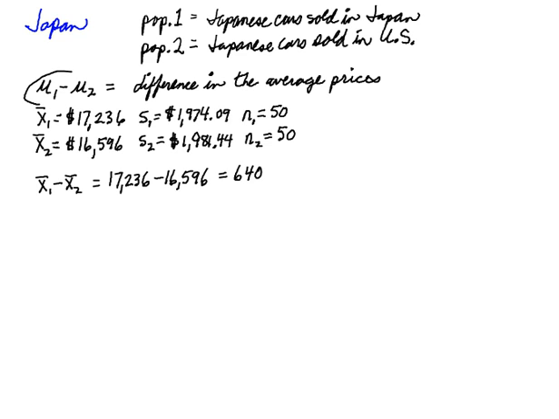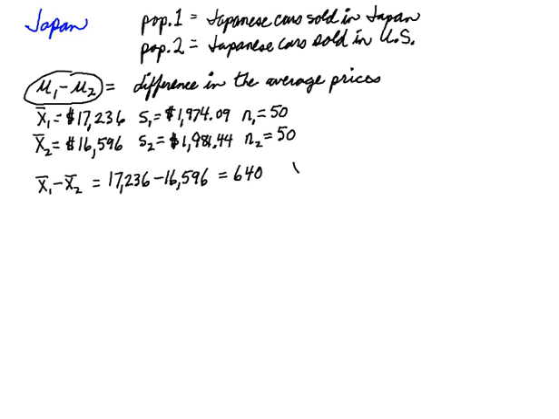If we actually knew the difference in the population average values, we could determine right away whether that was going on or not. But that would mean that our sample would be the entire population, taking into consideration all of the cars sold in each country for that particular model. So we're not going to be able to do that.